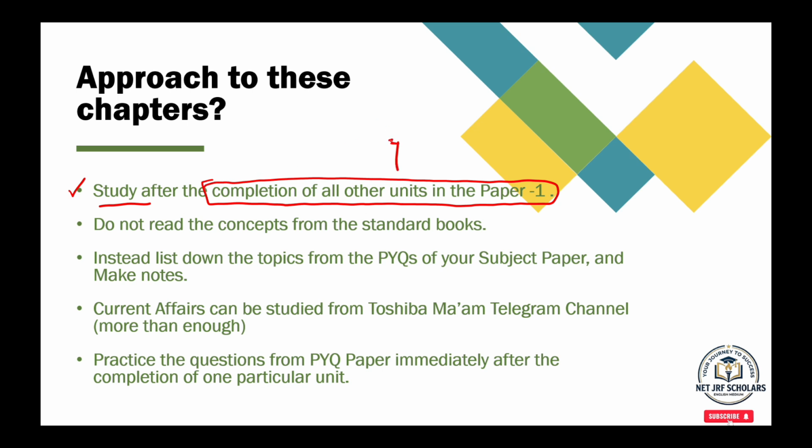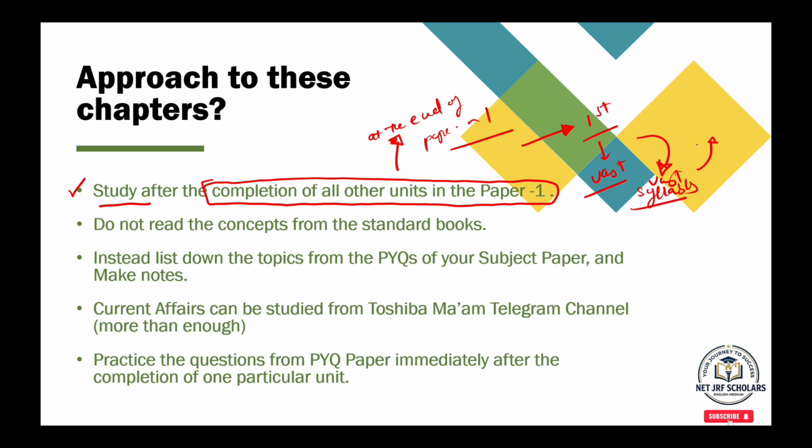Keep these chapters at the end of your paper 1 preparation, because people think they want to finish these chapters first as they are the worst, but they cannot complete the syllabus, as you cannot get the feel of completeness because of the vast syllabus. So I request candidates to keep these units at the end of the syllabus.